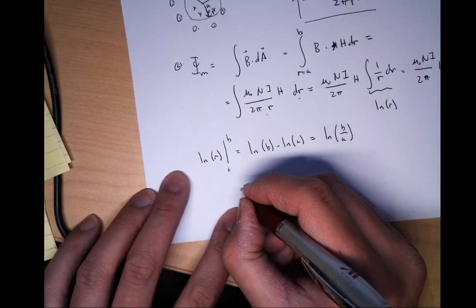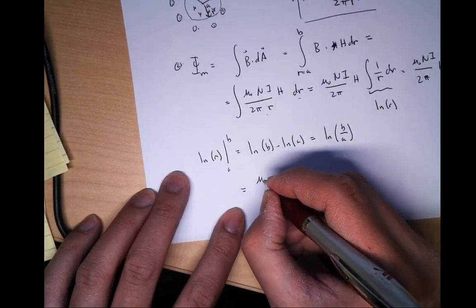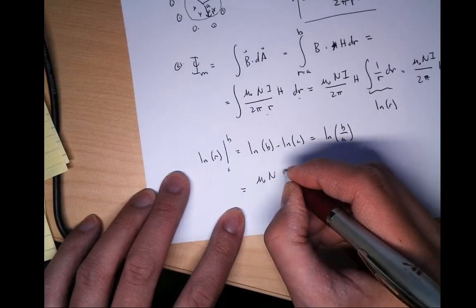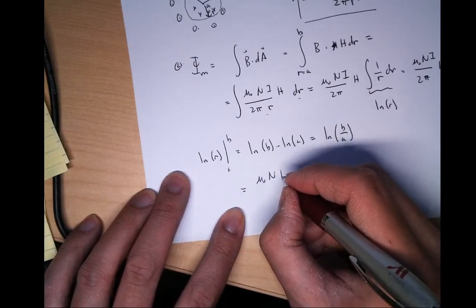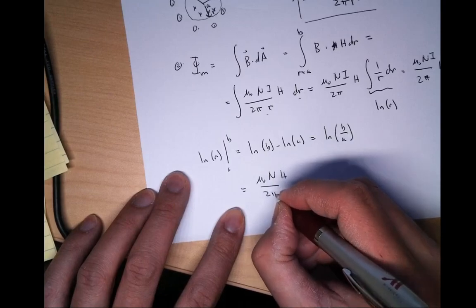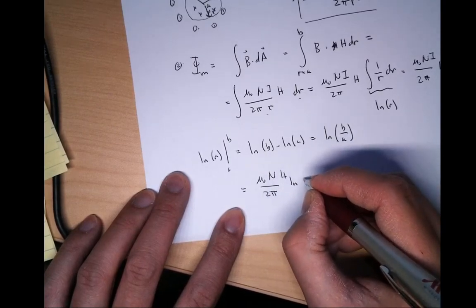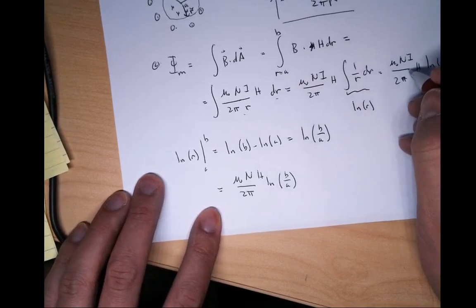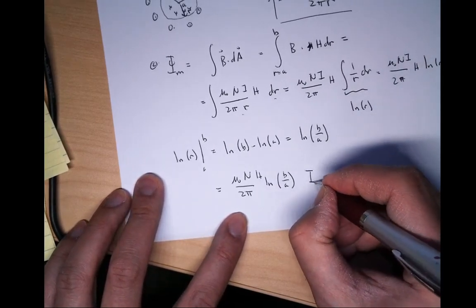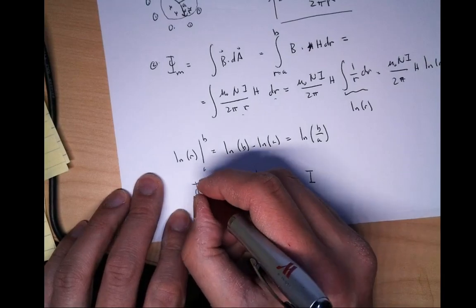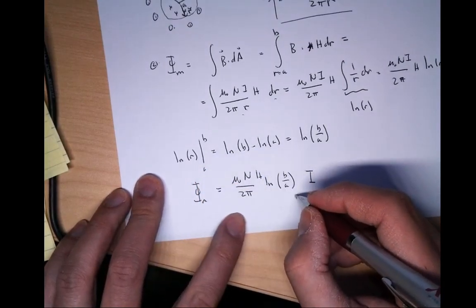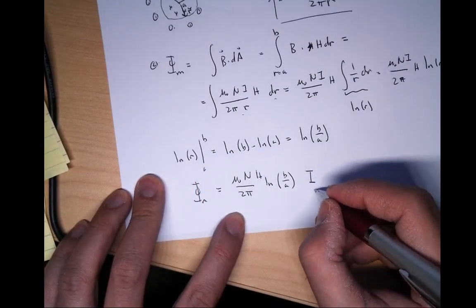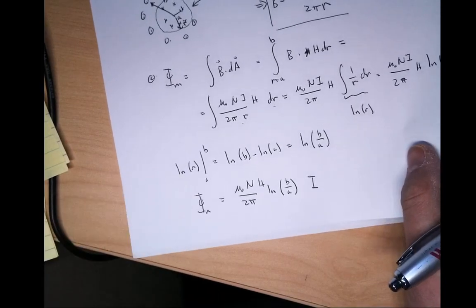So now we're just done: mu 0 N h over 2 pi times the natural log of b over a. Now I haven't forgotten the I, okay? I'll put the I out here. The reason is that this thing becomes the inductance L, and this is just the I associated with it.